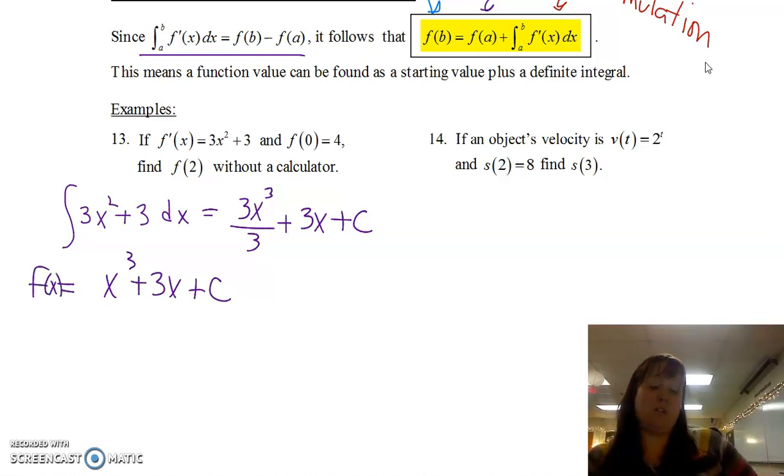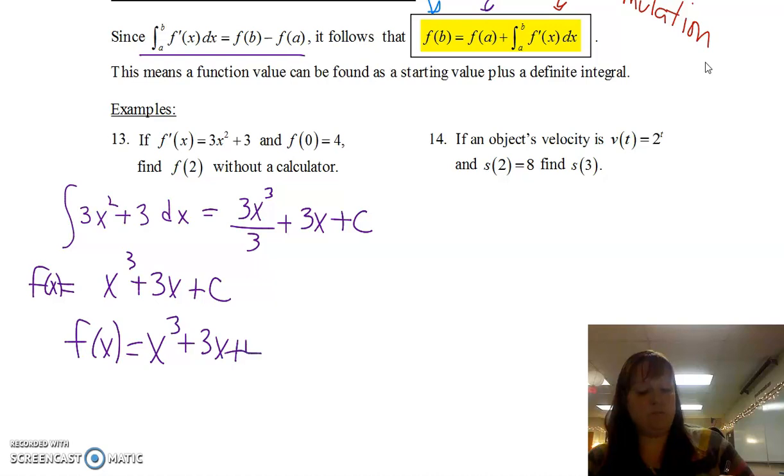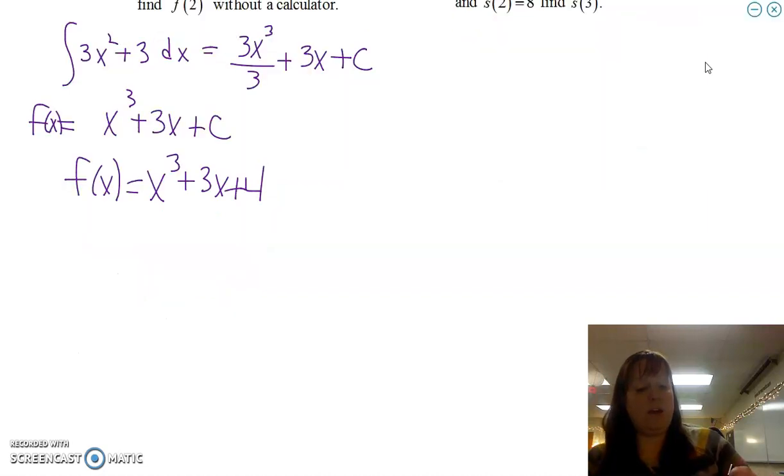And then the question is, well, what is that function's value at 2? Well, we first have to find c. So when x equals 0, y equals 4. If I plug 0 into this, I would find that c equals 4. So my actual function is x cubed plus 3x plus 4. And now we can evaluate this at 2.